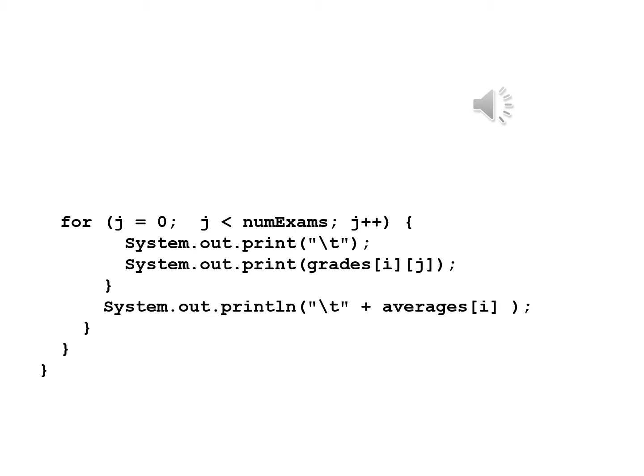We will use System.out.print to print a tab, and then System.out.print grades[i][j]. Once we are outside the inner loop, we print a tab and the averages using System.out.println, so we can go to the next line. We then close the outer loop, we then close the method, and close the class.